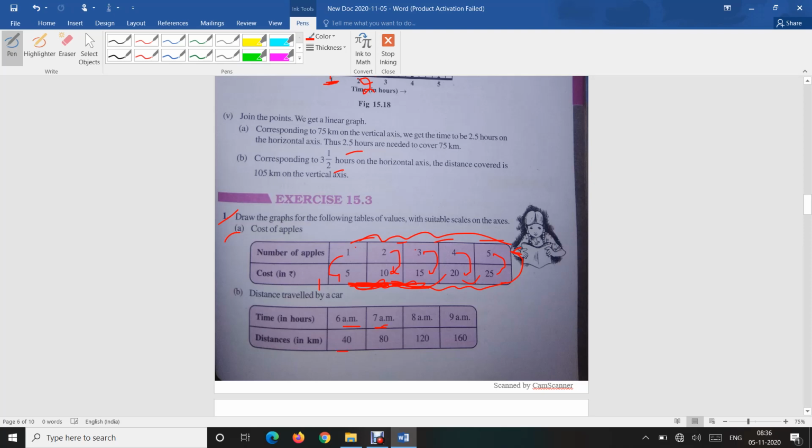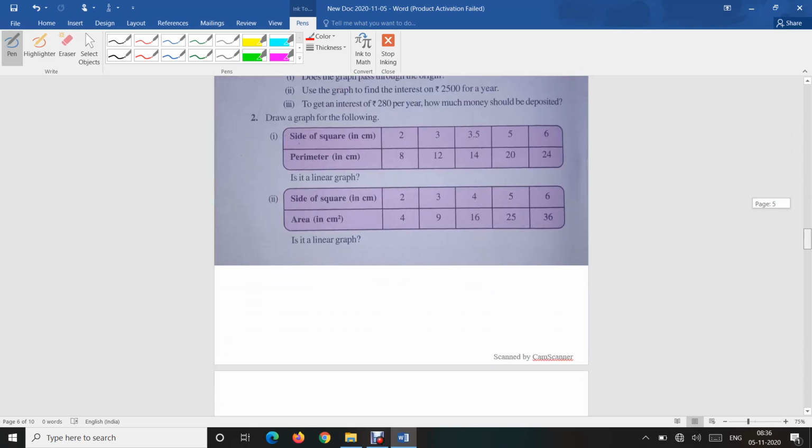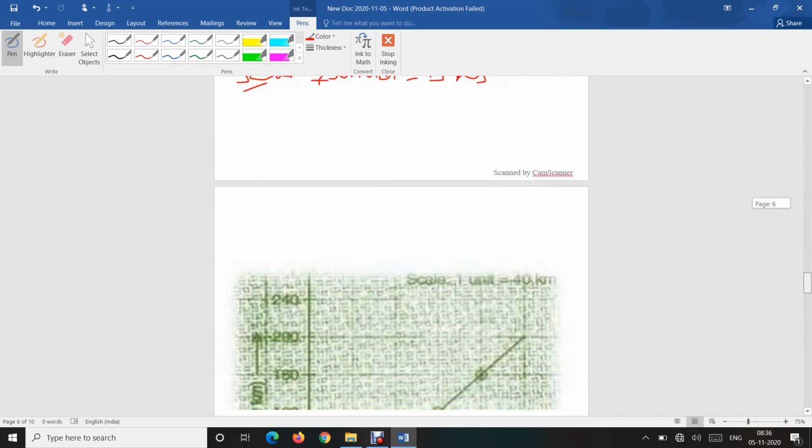Time 7 am, distance 80. Time 8 am, distance 120. Time 9 am, distance is 160. So the minimum difference is 40. So you can choose the scale as 1 unit is equal to 40 kilometer.